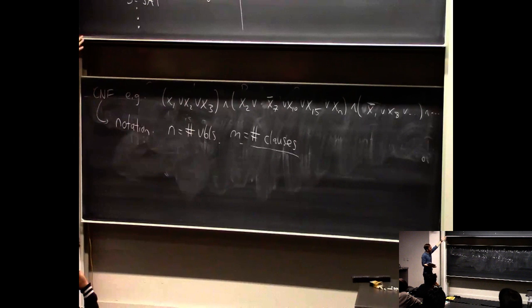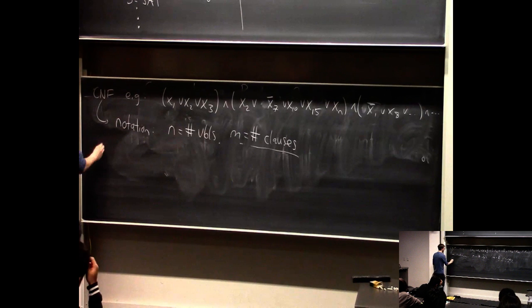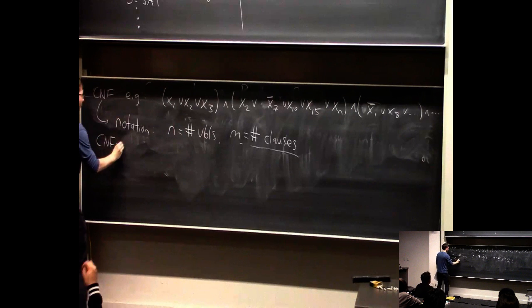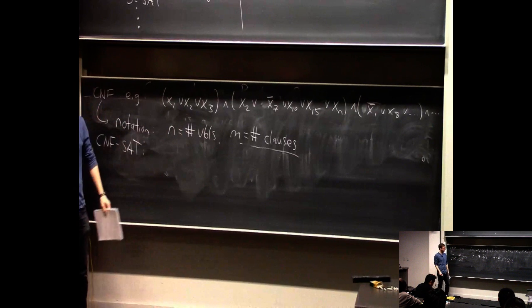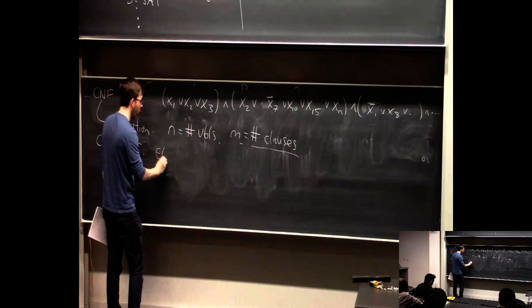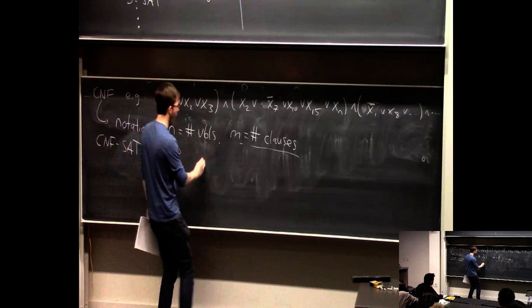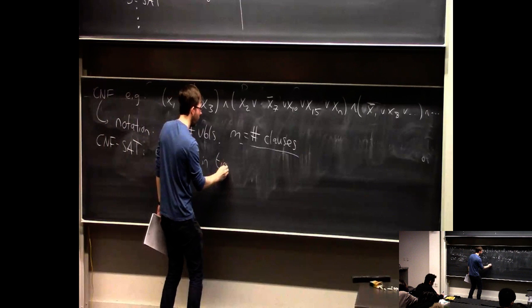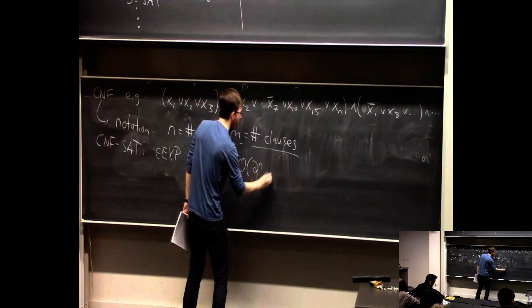So again, CNF SAT is a potentially even easier problem. You're just given one of these formulas, and you've got to find out, is it satisfiable or not? So what do we know about it? Well, still the exact same things. It's in exponential time. In fact, you can do it in time something like 2 to the n times m.